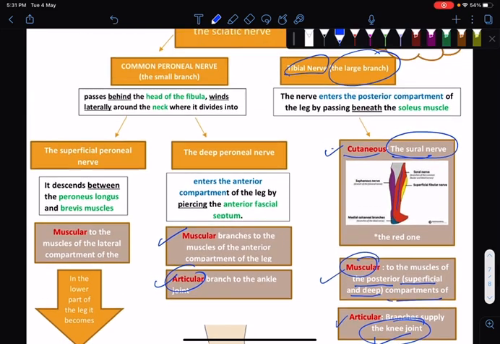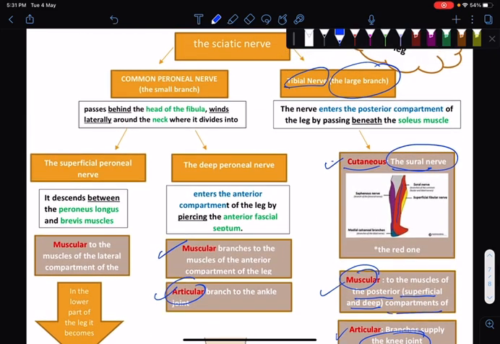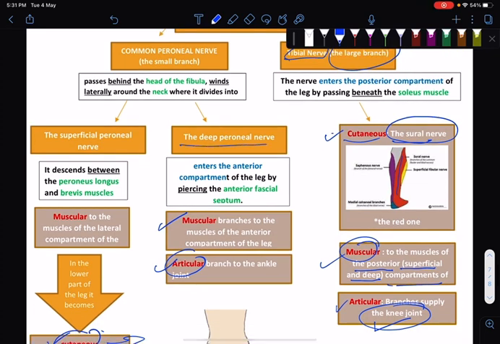So نبدأ بالـ deep peroneal nerve which is the branch of the smaller branch of the sciatic nerve, the common peroneal nerve. The deep peroneal nerve enters the anterior compartment of the leg by piercing the anterior fascial septum. حكينا انه السبتم بتقسم الليج لأربعة مناطق وهي superficial posterior, deep posterior, anterior, lateral. تمام.